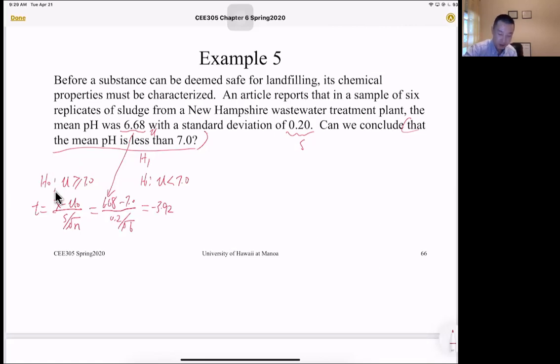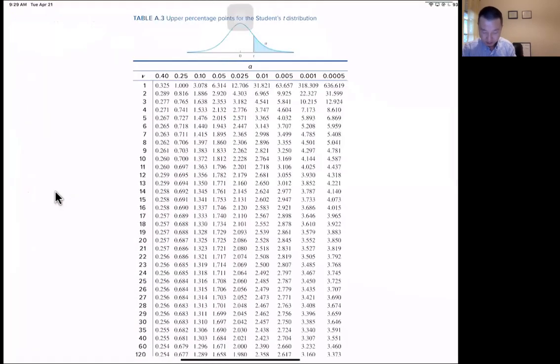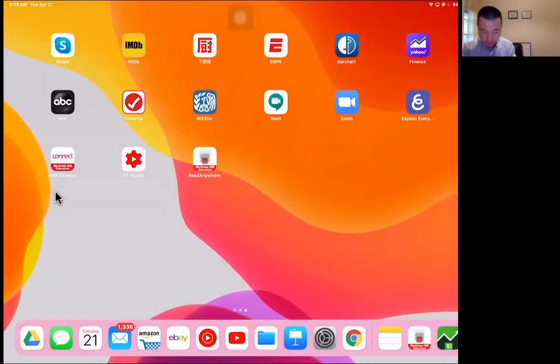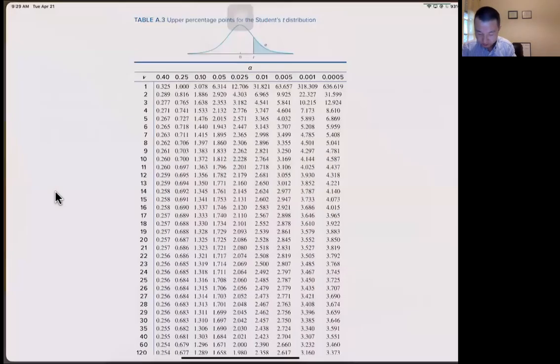The p-value depends on H1, which is mu less than mu 0, so it should be on the left. Let's look at the t table, sorry, not the z table.